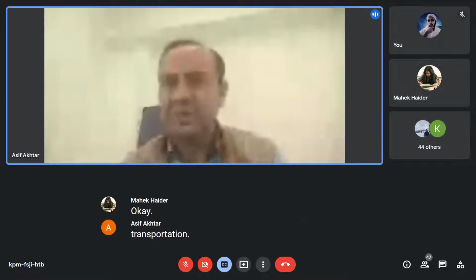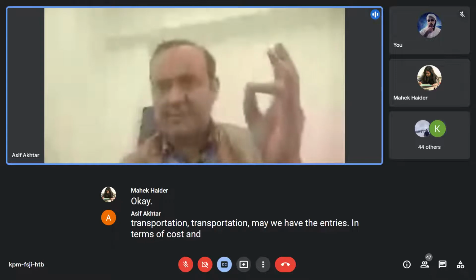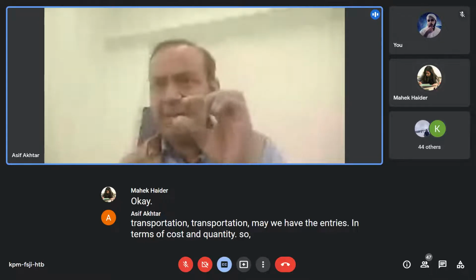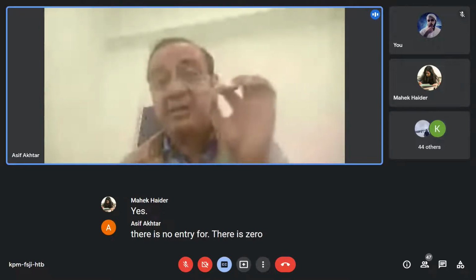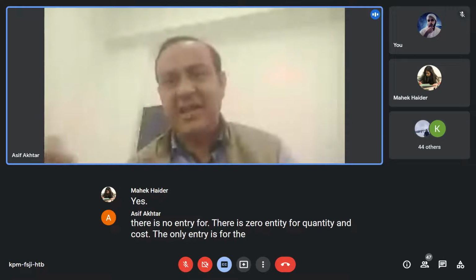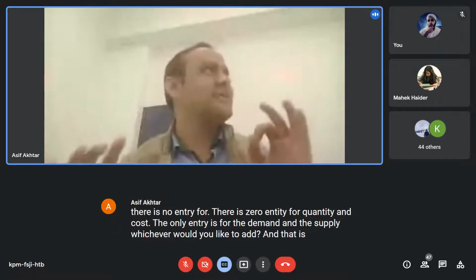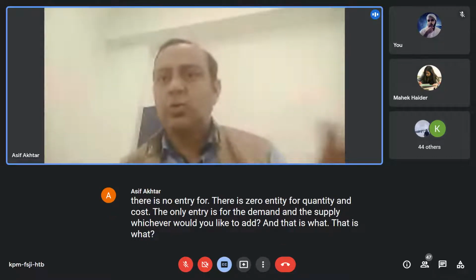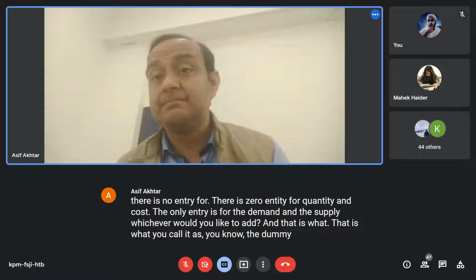That is, if you recall the table of transportation, क्या होता है transportation में? We have the entries in terms of cost and quantity. So for dummy row and the dummy column, there is 0 entry for quantity and the cost. The only entry is for the demand and the supply, whichever you would like to add, and that is what you call the dummy row and the dummy column.